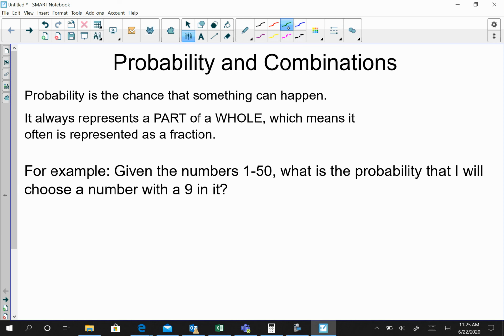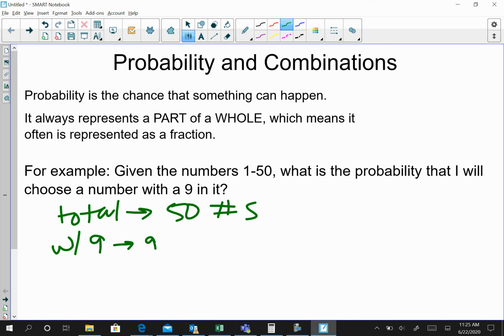So, for example, given the numbers 1 to 50, what's the probability that I will choose a number with a 9 in it? All right, so first of all, there are 50 numbers total. Numbers with a 9. Let's see, I have 9, 19, 29, 39, and 49.